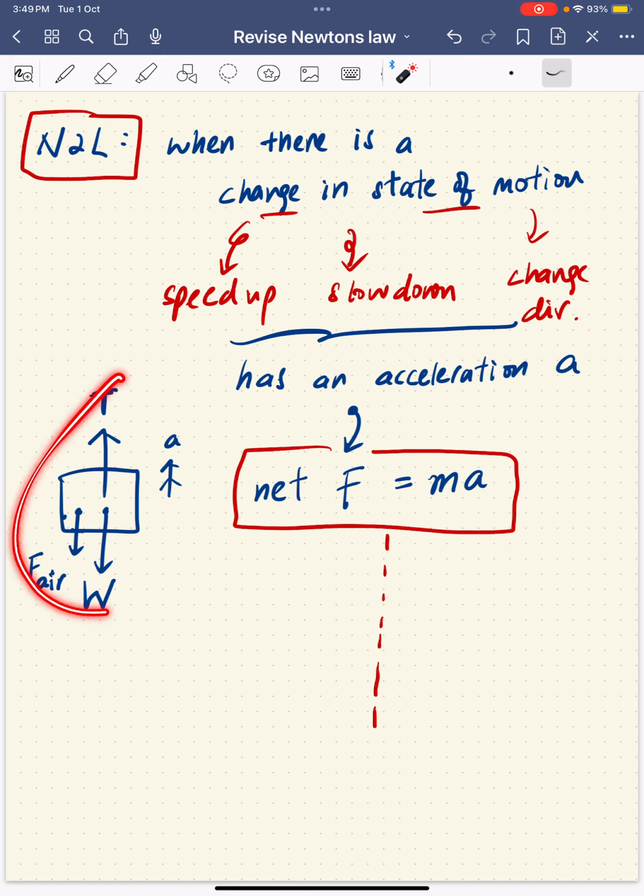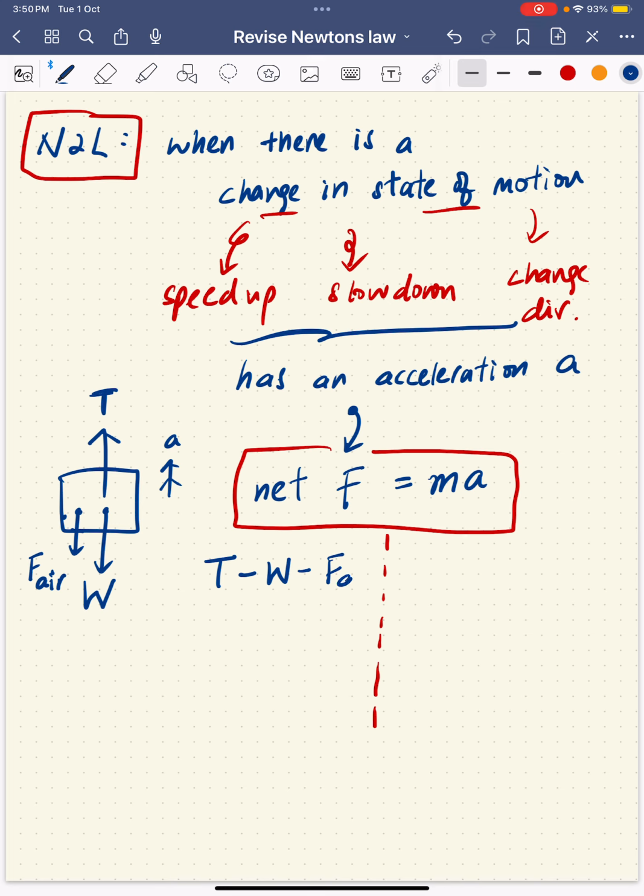Here I have three forces acting, and the expression of how these three forces combine together, knowing that the acceleration is upwards, must mean that the upwards tension must be bigger than the combination of the two, such that I end up with upwards acceleration. So the combination of the three forces must be in this form.